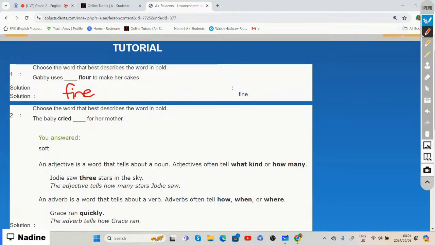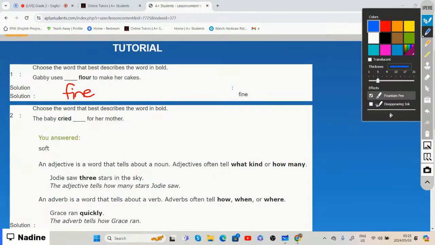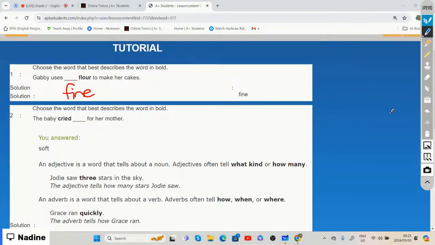Now, fine flour, that's an adjective, but it is an adjective that tells us what kind of flour. And if they ask what kind of flour, then we say, Gabby uses fine flour to make her cakes.